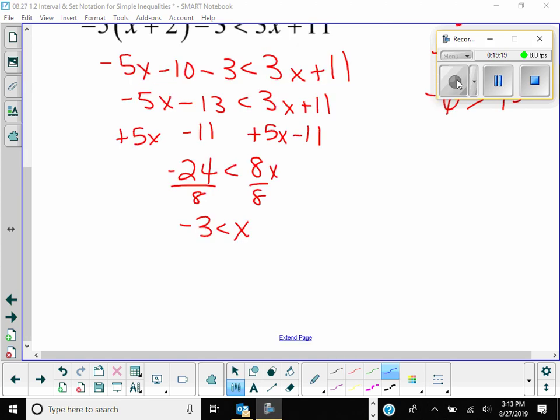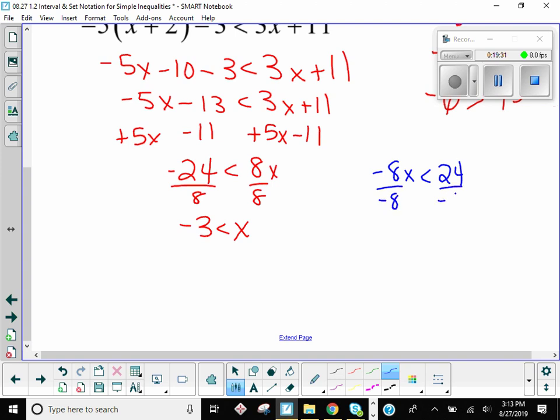If you moved your x's to the left, you would have this, -8x is less than 24. And you would have had to divide by -8. And what do you do when you divide by a negative? Flip the sign. So you would have x is greater than -3. I submit to you that we have the exact same answer, right?